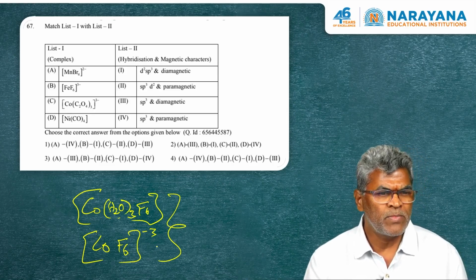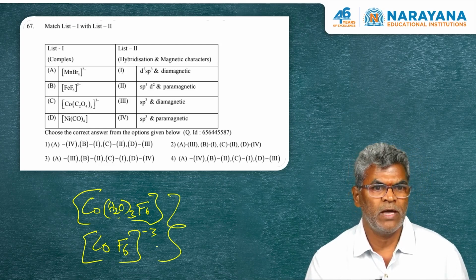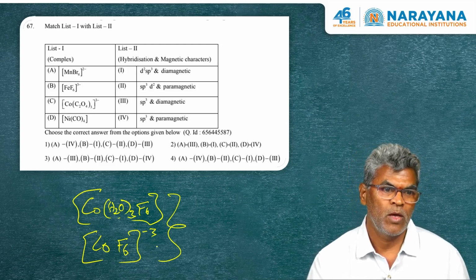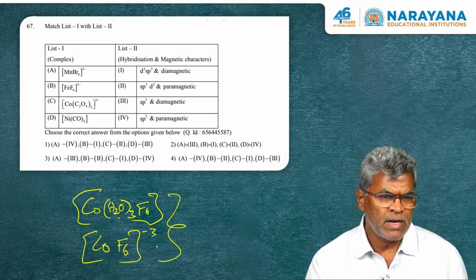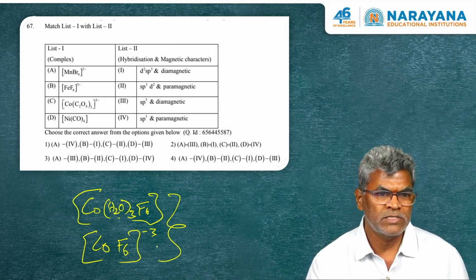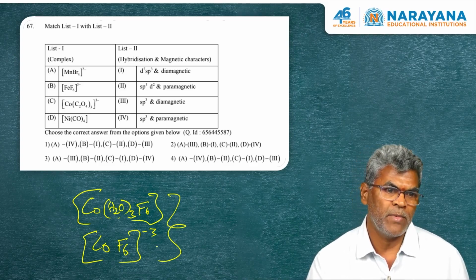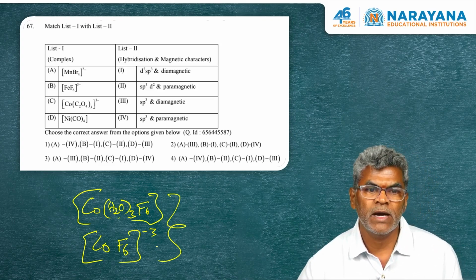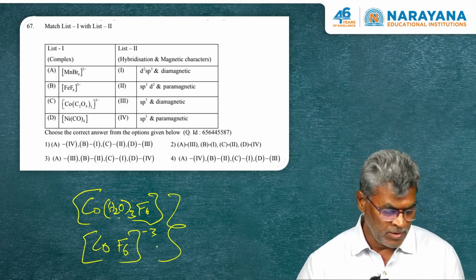Cobalt in plus 3 oxidation state has 6 electrons, all electrons get paired up, that is why it is diamagnetic. d2sp3 is the hybridization and diamagnetic. And nickel tetracarbonyl, nickel is in 0 oxidation state. In tetracarbonyl all electrons get paired up, so the coordination number is 4, sp3 hybridization and diamagnetic. So, overall, the fourth option will be the correct option, A4 and B2, C1 and D3.